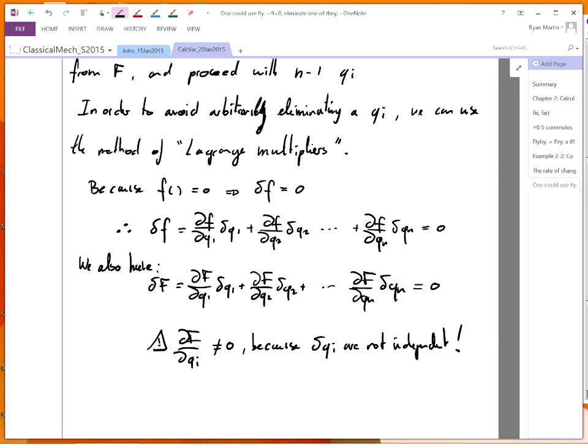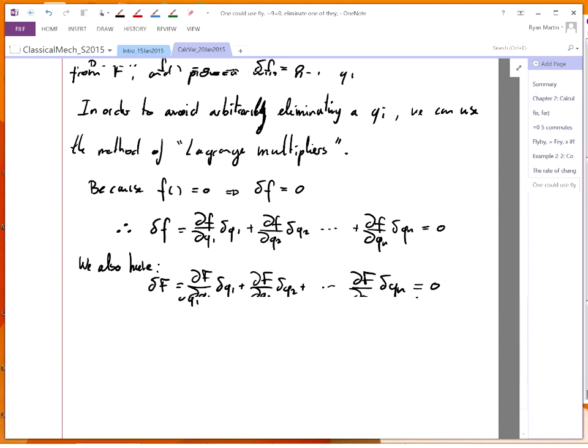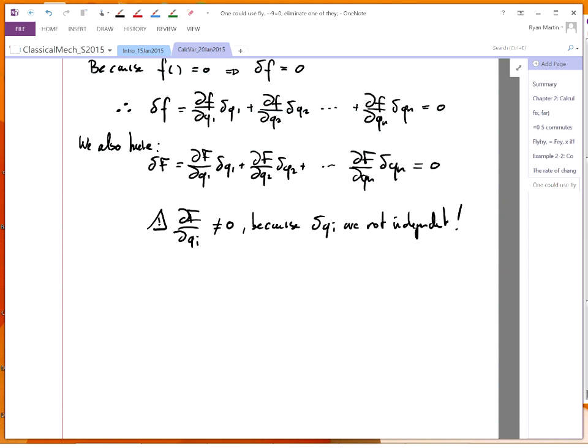So let's proceed with this method that was discovered by Lagrange and is really quite clever. Let's build the linear combination: delta F plus lambda delta lowercase f.